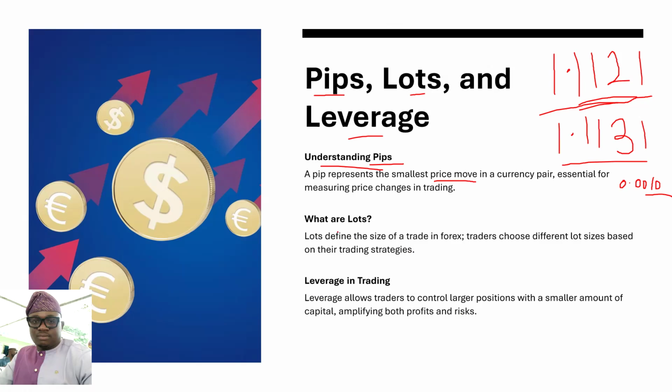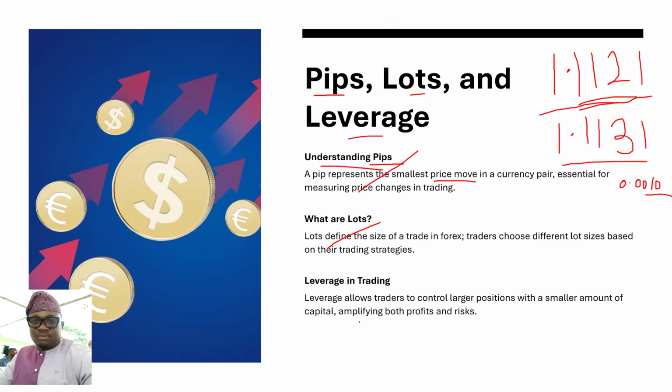Then leverage. I will still make a very long video on all these to explain them deeper. I guess I've done that in the past, but it might not have been that clear. In the future, we're going to delve deeper into it. Leverage in trading allows traders to control larger positions with a smaller amount of capital, amplifying both profit and risk.